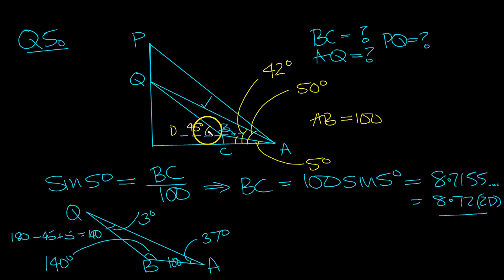Well, this is 45 here, so that's 45. This is 3 degrees, isn't it? Because we just said that it was 3 degrees from this triangle here. That's 48, so this would be 132, because all three add up to 180. So that's 132, we know that side.